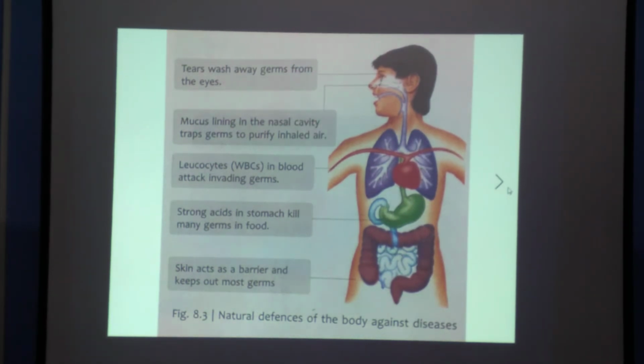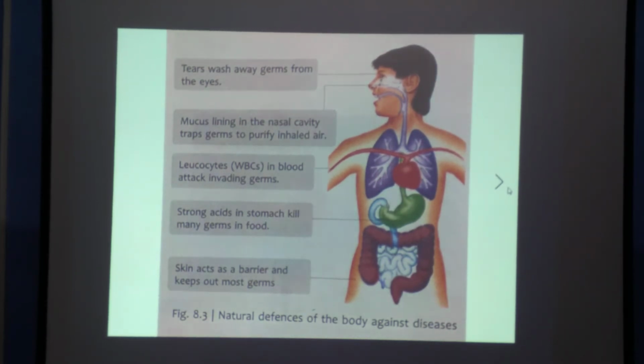So the immunity provided by a person's body towards a particular disease may be short-term or it may also be permanent. For example, once you suffer from chickenpox, you will never contract it again, as the antibodies produced against the chickenpox virus may remain in your blood throughout your life.